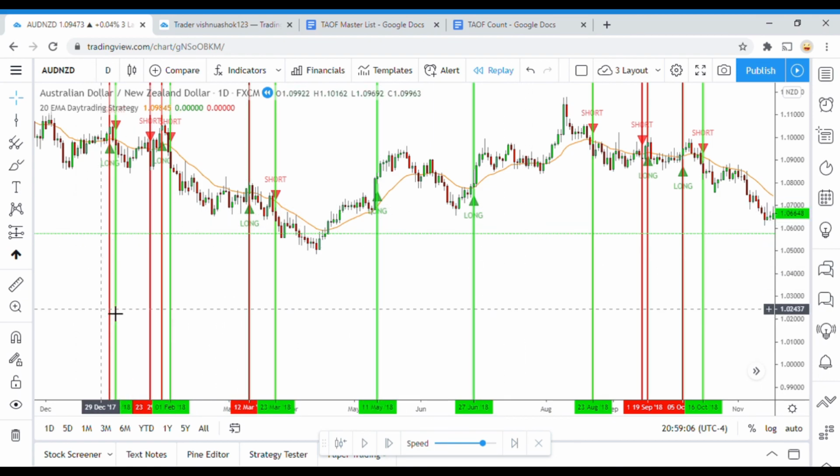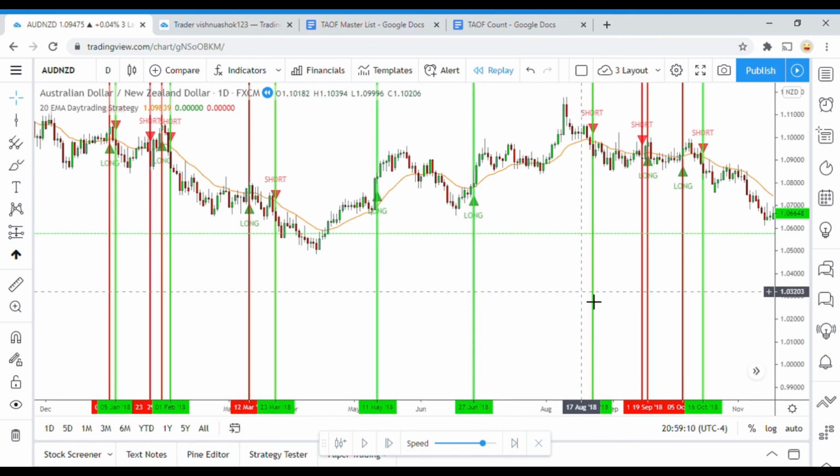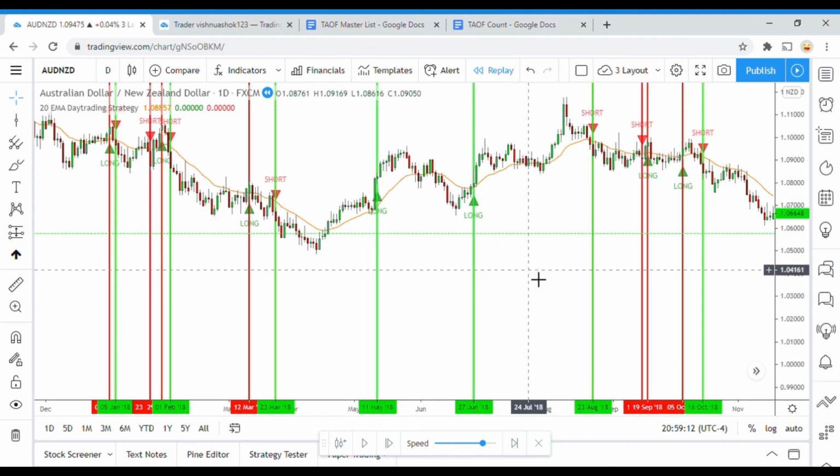And out of those, we have 1, 2, 3, 4, 5, 6, 7 winning trades. And so, unfortunately, that is not going to meet the 60% standard that we're looking for, and does not meet the 60% standard that the creator claimed it was able to achieve either.